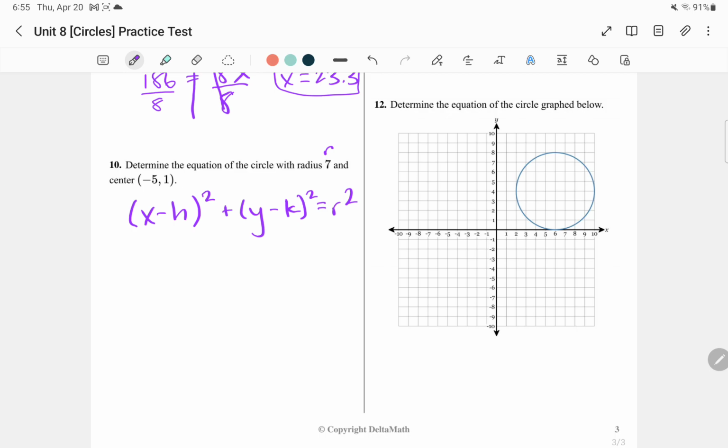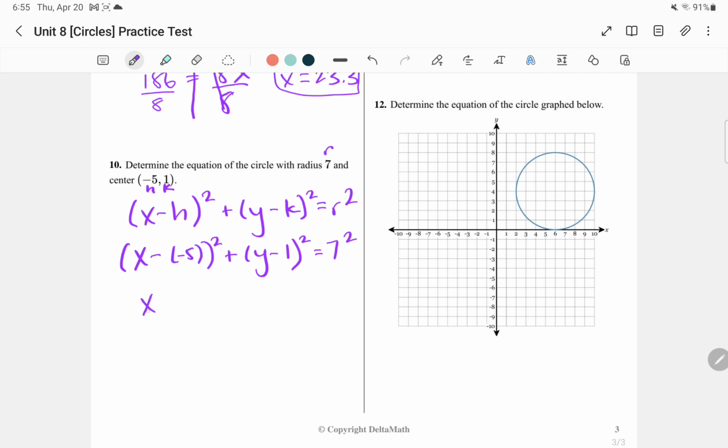Our center is negative 5, 1, so this is h and k. So x minus negative 5 squared plus y minus 1 squared. Don't forget the squares. And then 7 squared right there. So I've just replaced r, h, and k.